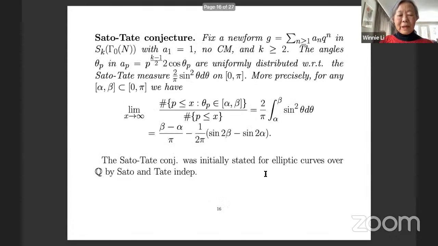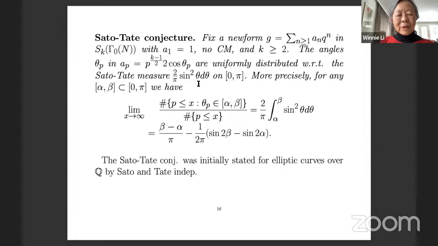Then the Sato-Tate conjecture is for a normalized new form with no CM and weight k at least 2. In this case, the conjecture says that the angle theta_p should be uniformly distributed with respect to a different measure, the Sato-Tate measure, 2 over pi times sine squared theta d theta, on this interval.